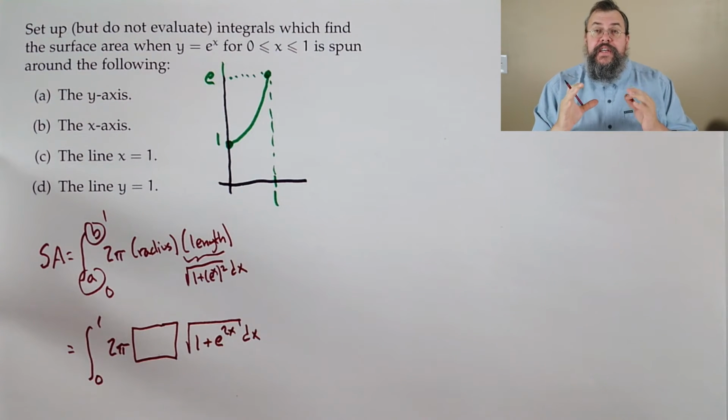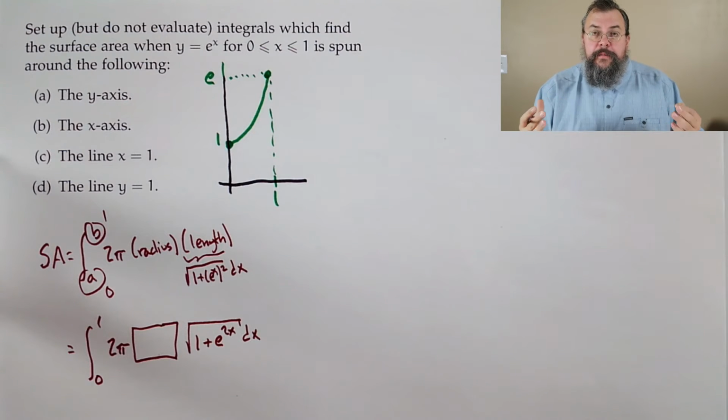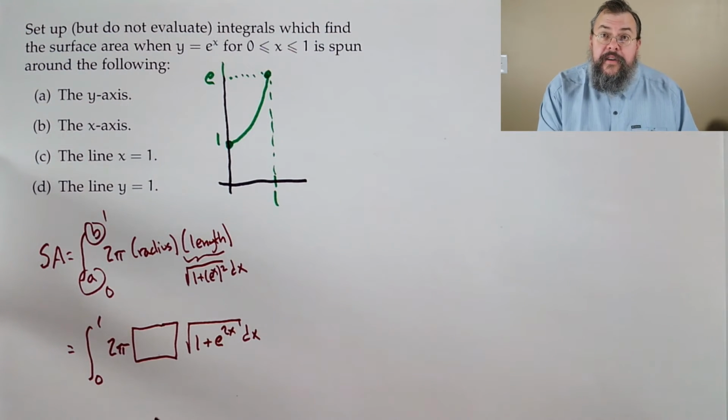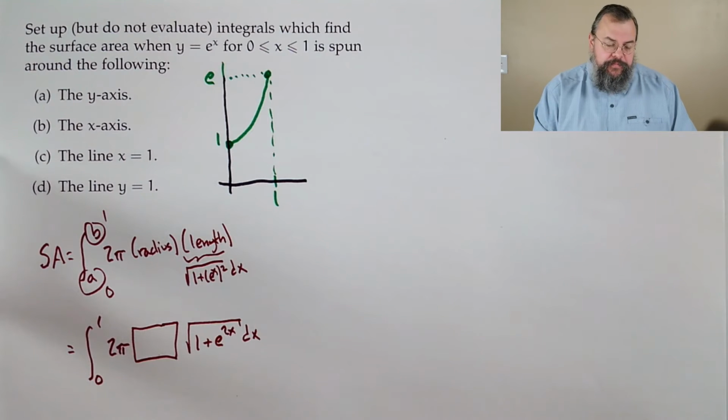That box is the question of how far it is to where you spin around. So for us to finish setting up this problem, all we have to ask is, what's in the box? What's in the box? So that's our goal.